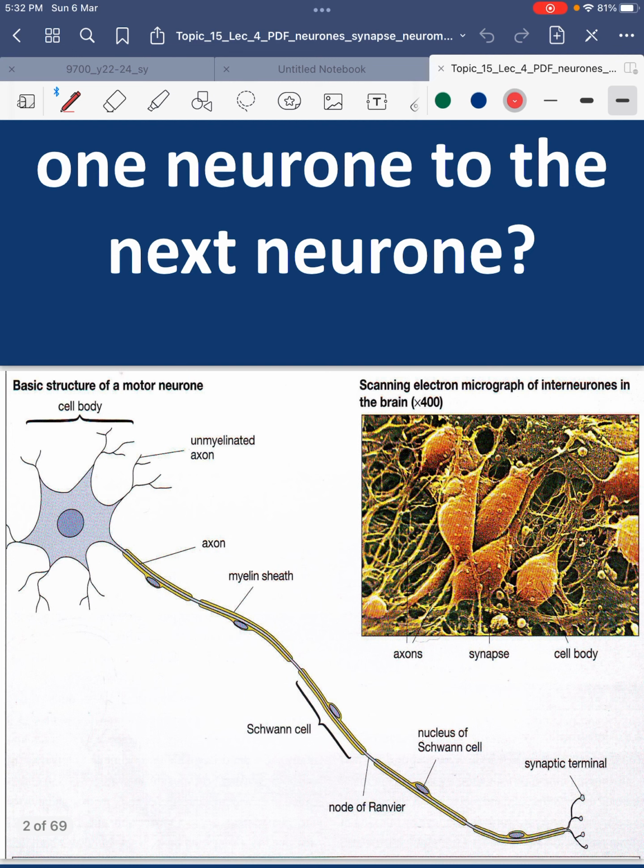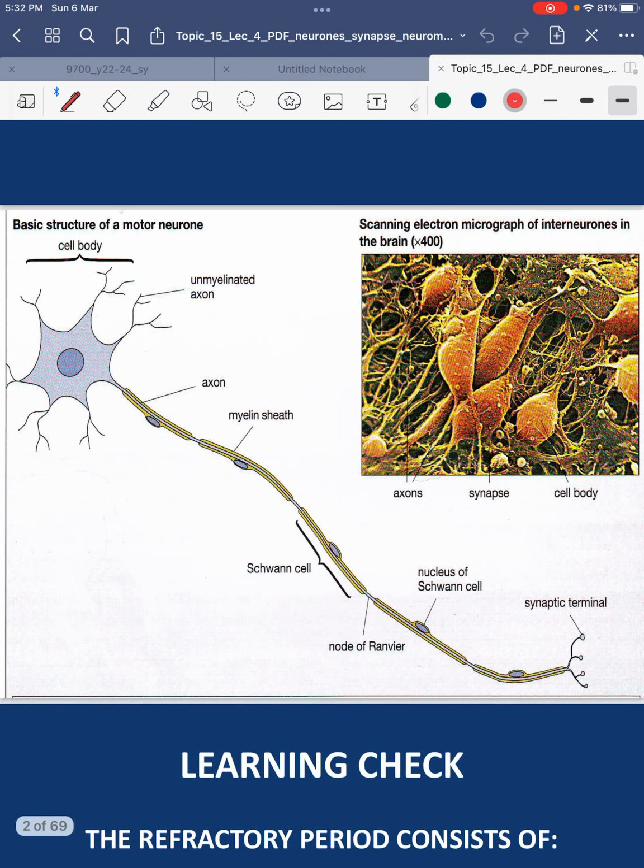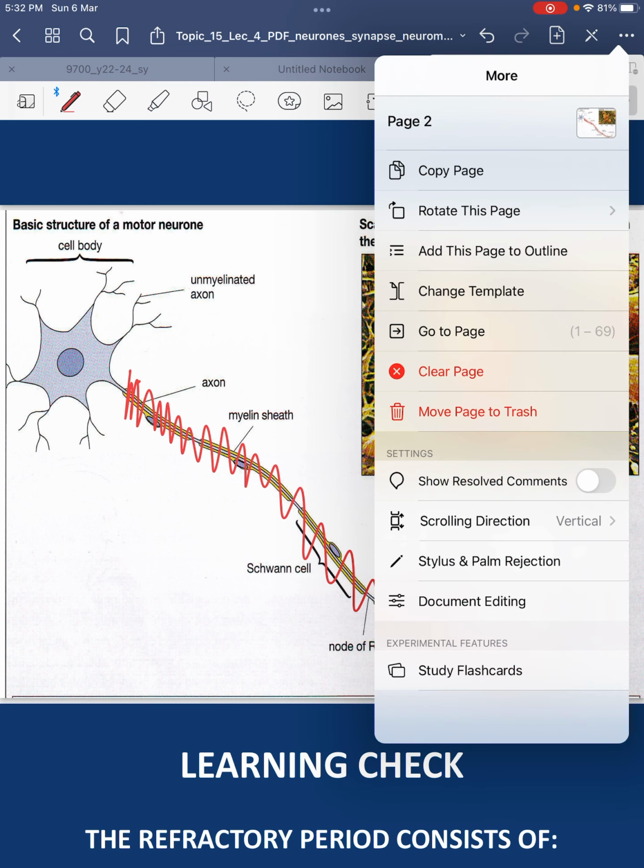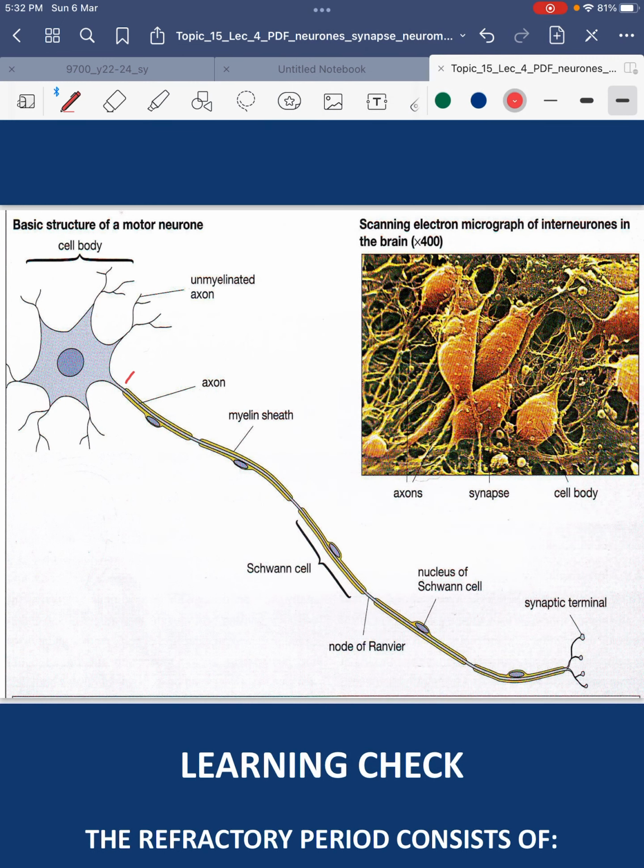We talked about this last Thursday, where the electrical impulse propagates along all of the sections of the axon for non-myelinated neurons, but for myelinated, it simply jumps from one node to the next node.